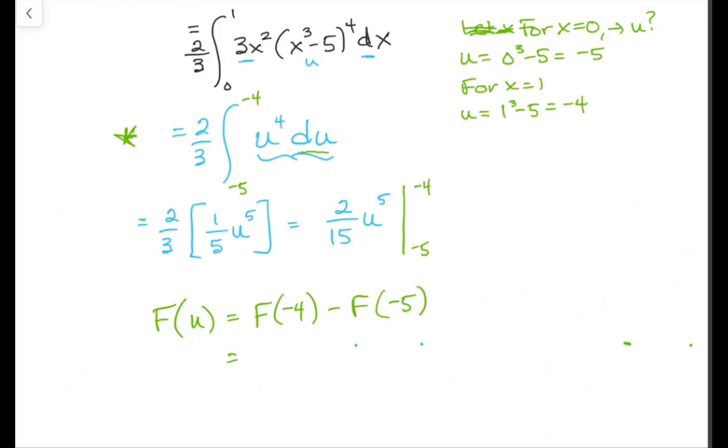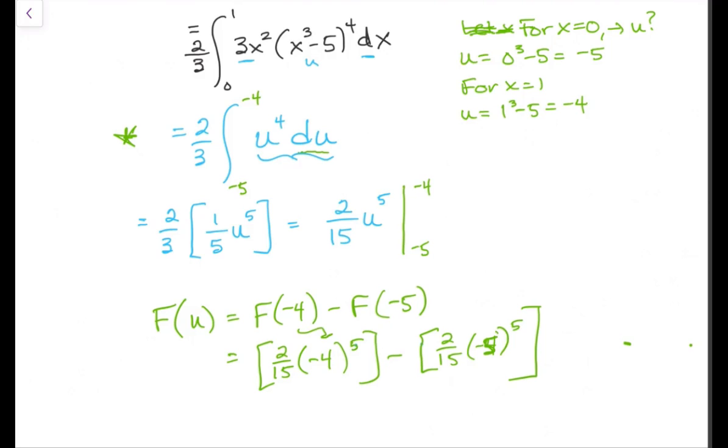So if I replace all of those u's with -4, I'm going to have 2/15 times -4 raised to the 5th power, minus 2/15 times -5 raised to the 5th power. So I'm replacing with -4, my upper limit of integration, then replacing with -5 as my lower limit of integration.